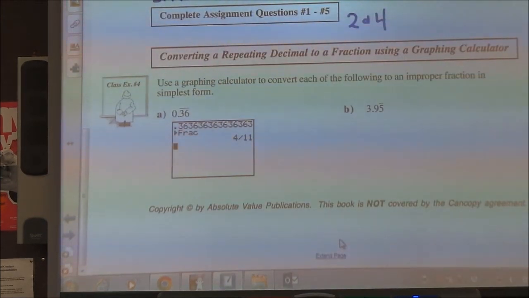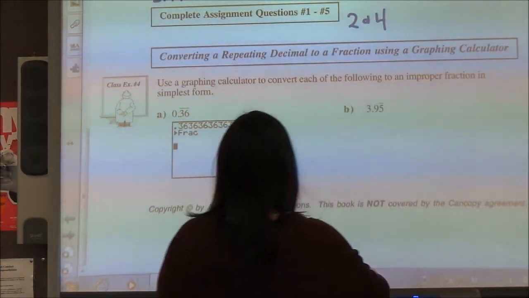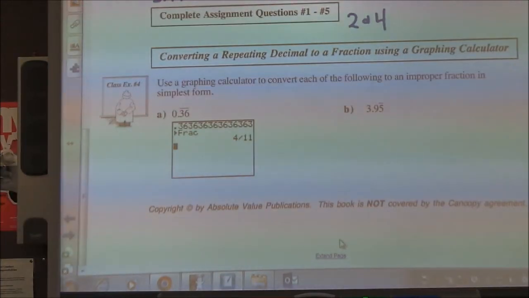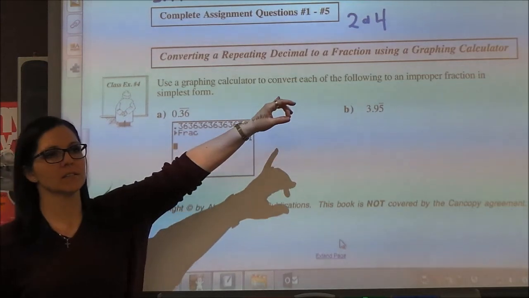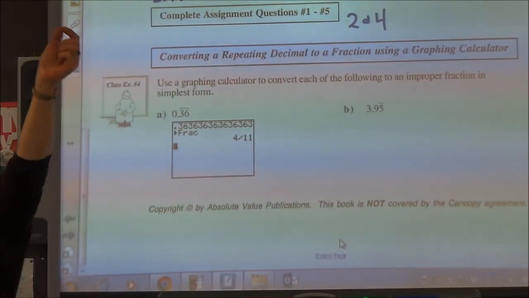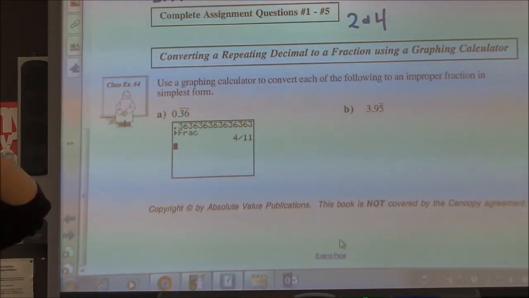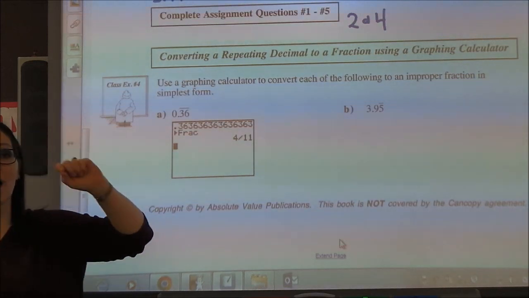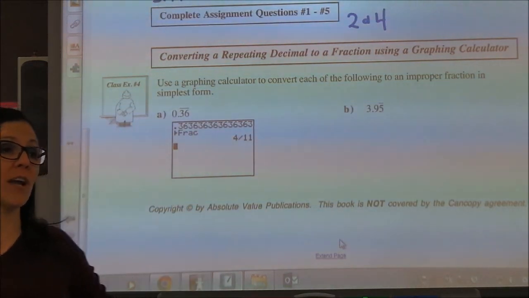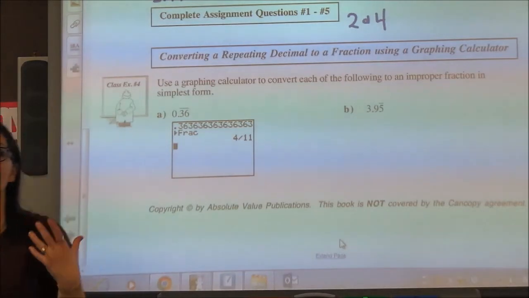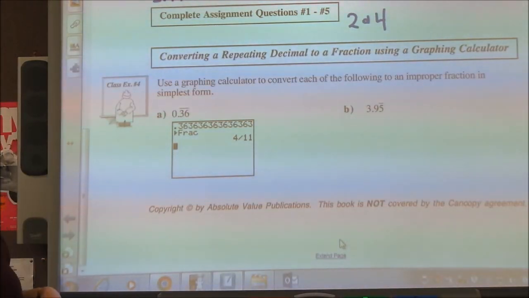So let's look at 0.363636 repeating using our calculator. The key with this, guys, is that your calculator does not have a line that you can do a repeating. So the way that you do the repeating pattern is you just type it over and over and over again and put enough in there that the calculator recognizes it's a repeating pattern.